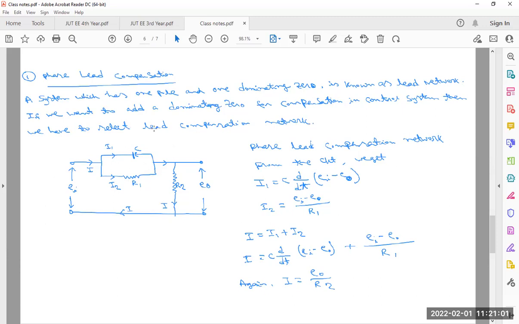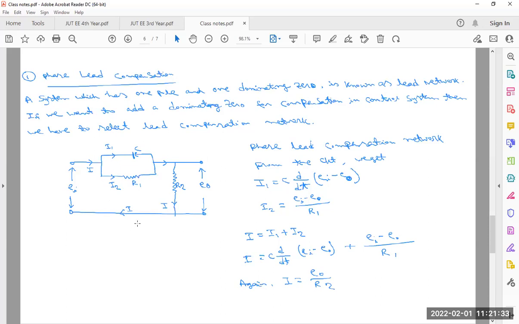You see why you use the lead compensation network in your control system: because when a system has one pole and one dominating zero, we use the lead network. And if we have to add a dominating zero in the compensation network, then we select this type of phase lead compensation circuit.